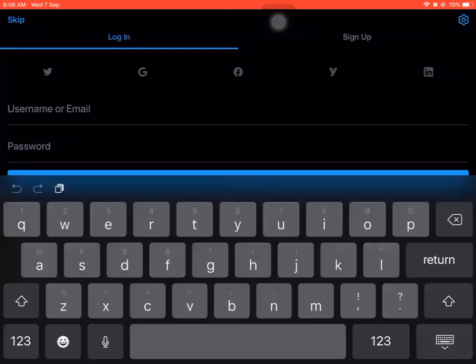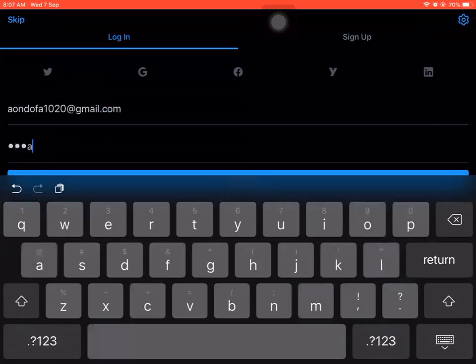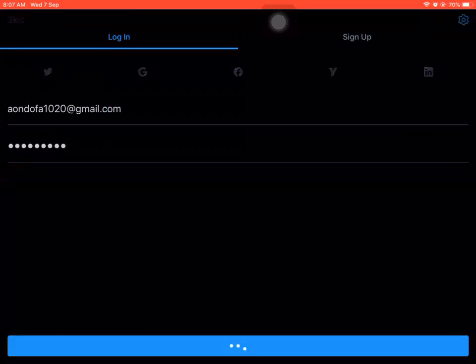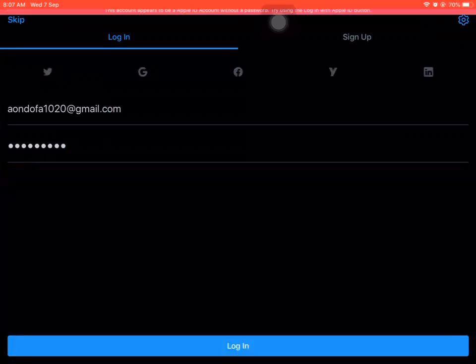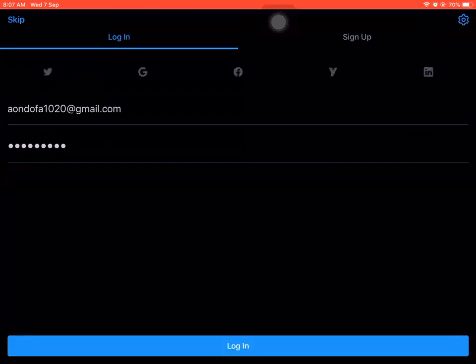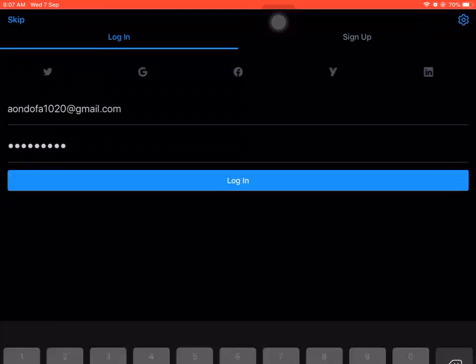Let me log in using one other email. What's the other one, sir? Oh God. Try logging in with Apple ID. Wow. There's not even an option for Apple ID here.